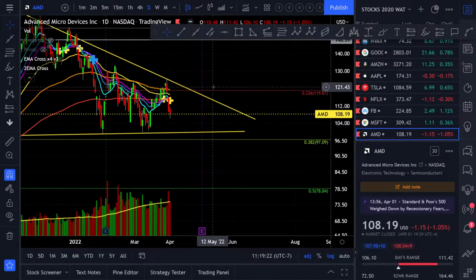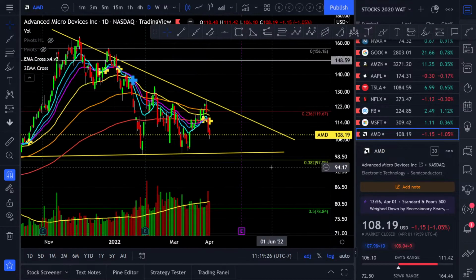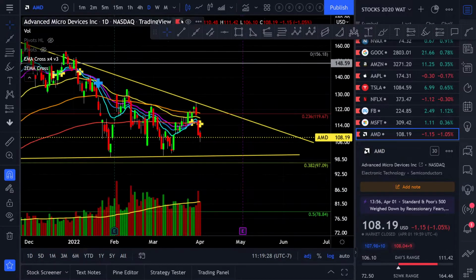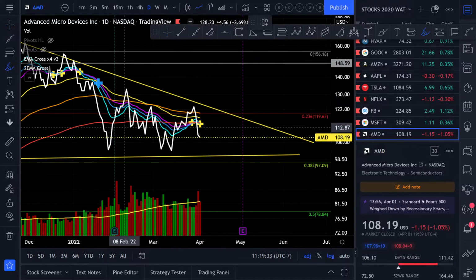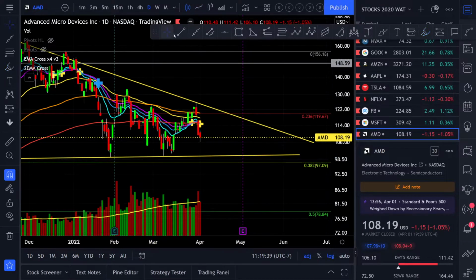Doesn't really matter where his target was, what matters more is the price support. Is this going to hold? Because if it's going to turn into an upside down head and shoulders or hit the bottom support level, that could be a potential buying opportunity, but I have to wait for it.